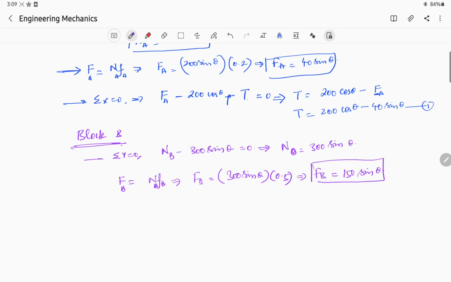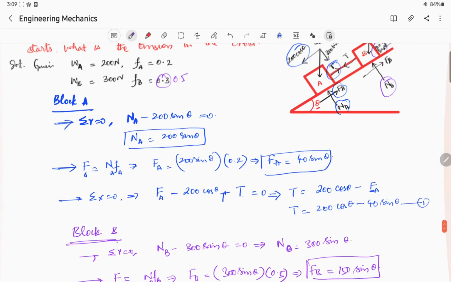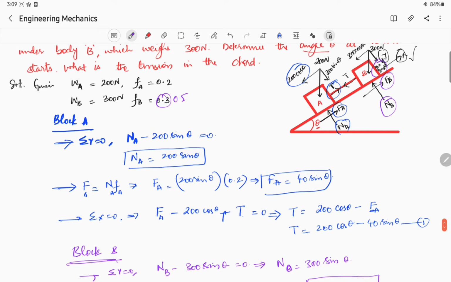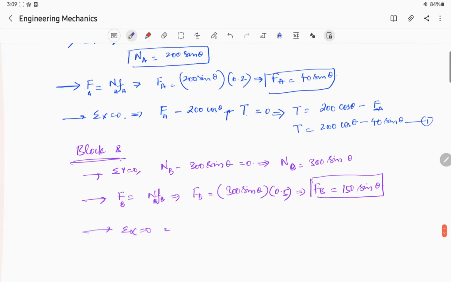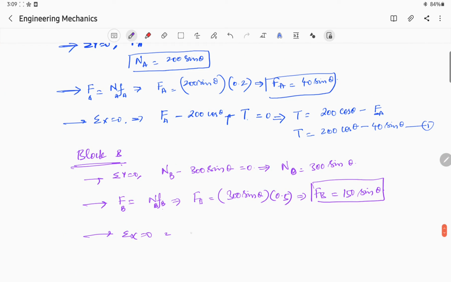Next, this is one step, this is another step, and the third step is sigma x is equal to 0. How many horizontal forces do we have here? You can see FB, the frictional force, is a horizontal force, and 300 cos theta is also a horizontal force, and we have T also, which is a horizontal force. FB is going in positive x direction, whereas tension T and our 300 cos theta are going in negative x direction.